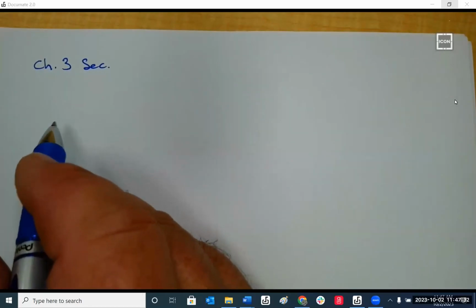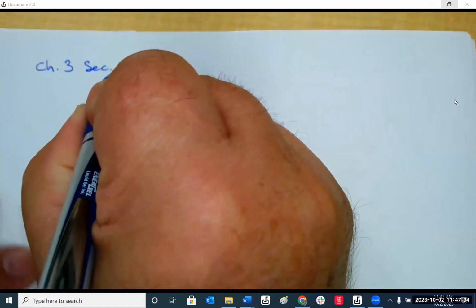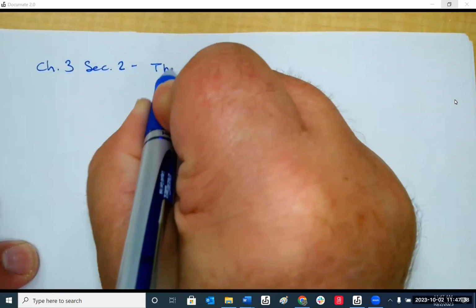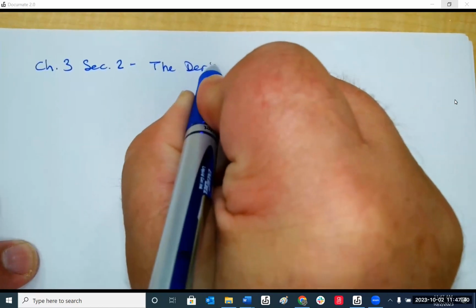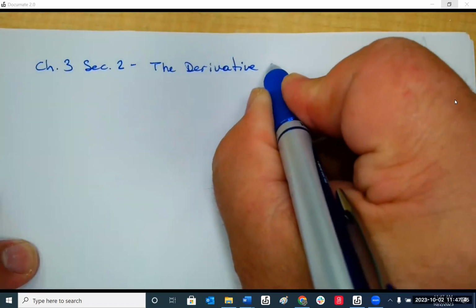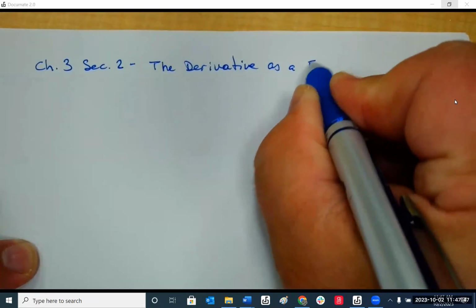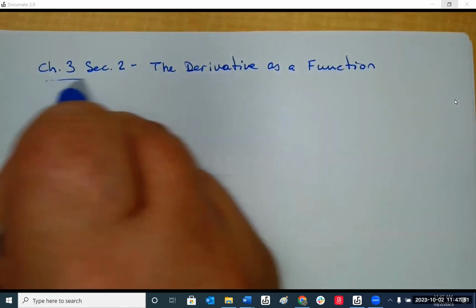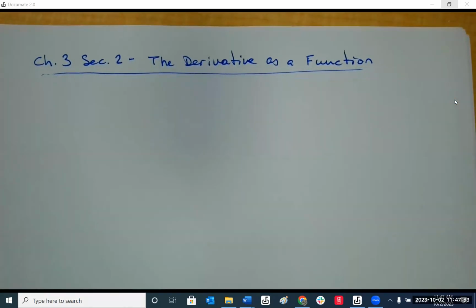All right, now we're talking about chapter 3, section 2, which is the derivative as a function. All right.